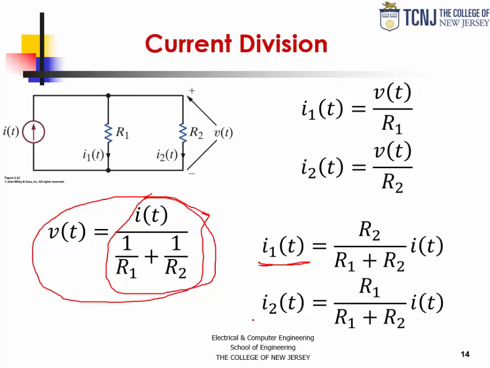Similarly, for current 2, the current through it is the other resistor, resistor 1, divided by the sum of the two resistors times the total current. So the lower a resistor is compared to the other, the higher the current that is going to flow through it.